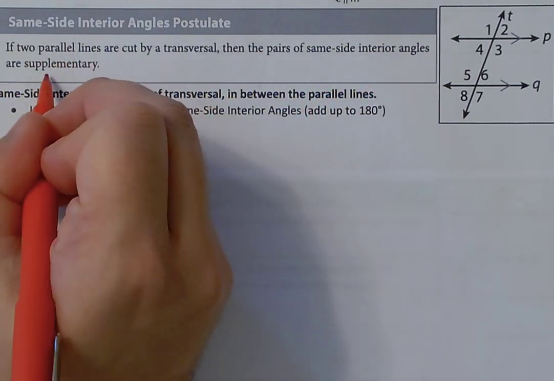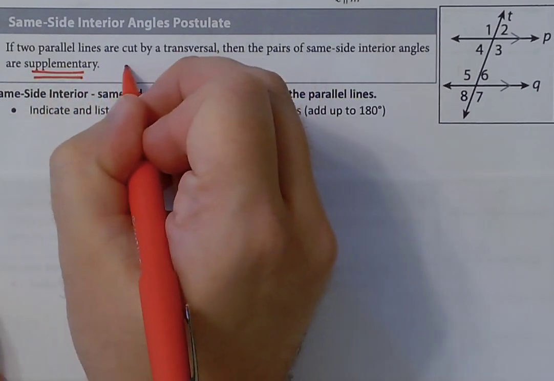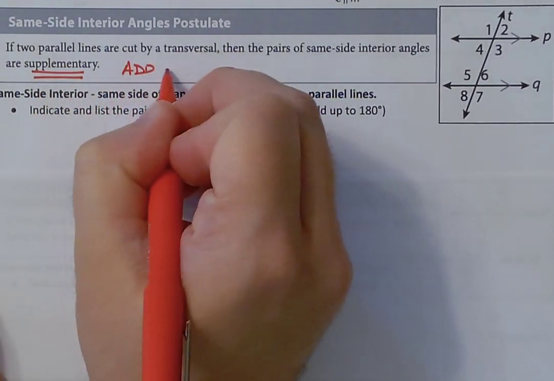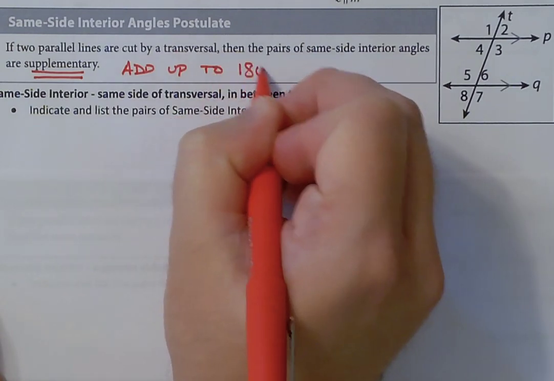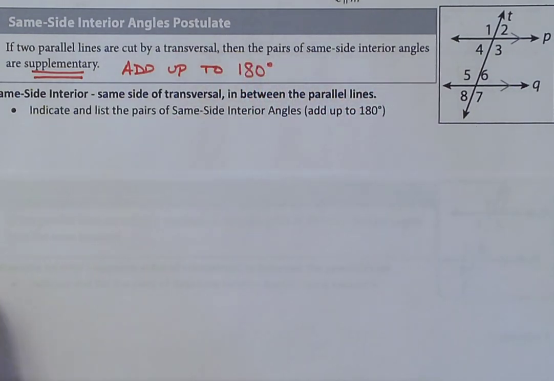So what this supplementary part means is that they add up to 180 degrees. So whenever you have a pair of same side interior angles, they add up to be 180 degrees.